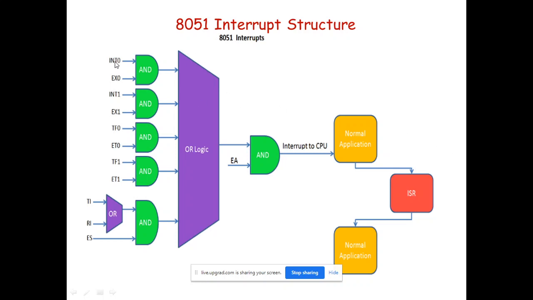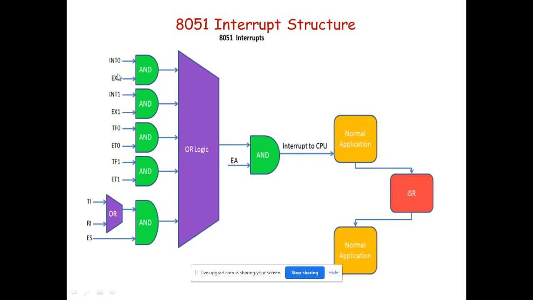Suppose an interrupt arises on this particular pin, that is INT 0, but this is disabled, means EX0 is 0. In that situation, this is 1 and this is 0. What is the output of the AND gate? 0. Means nothing passes further. Means for enabling this AND gate, this enable bit must be 1. That time only the interrupt will proceed next.